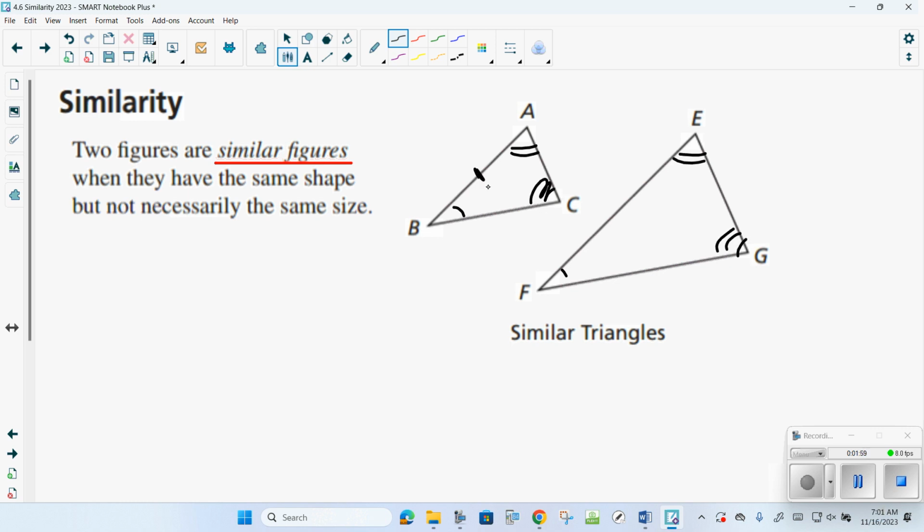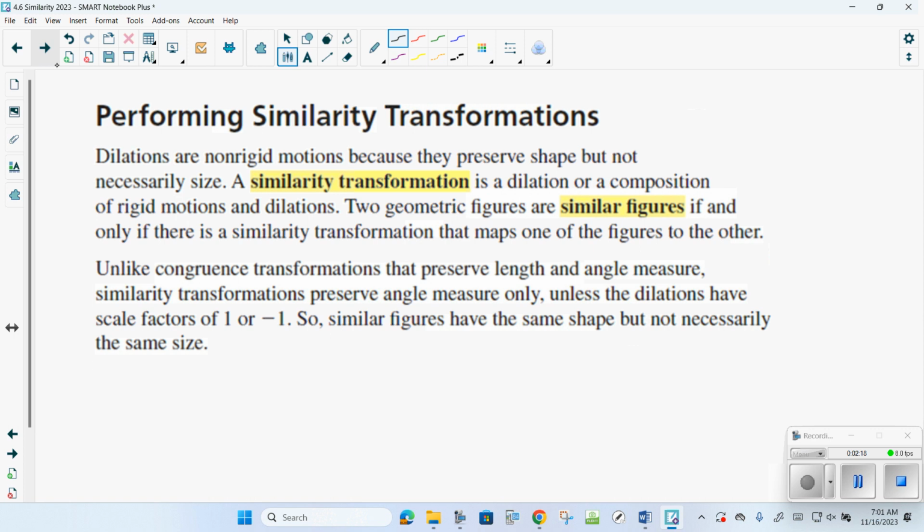Let's say this length is 6 and this length is 10, but we would have the same ratio throughout. Everything is going to be blown up, so we'll have a reduction or an enlargement of the same ratio.